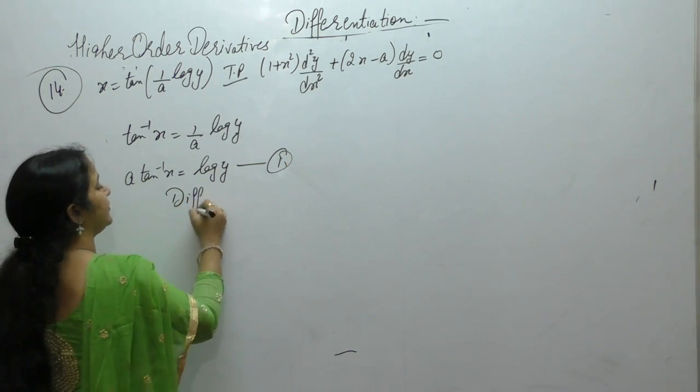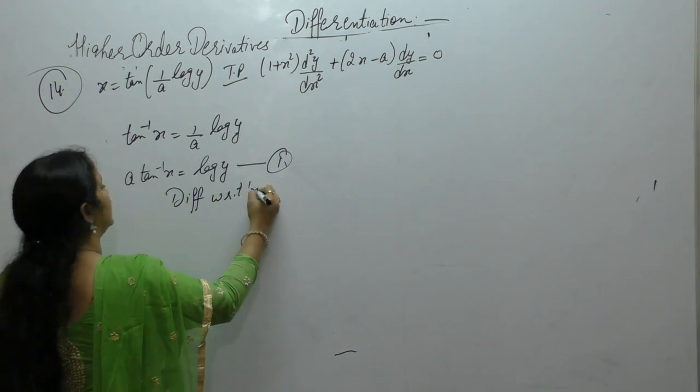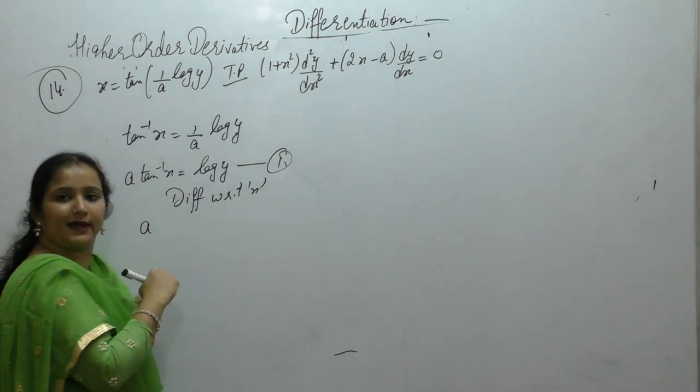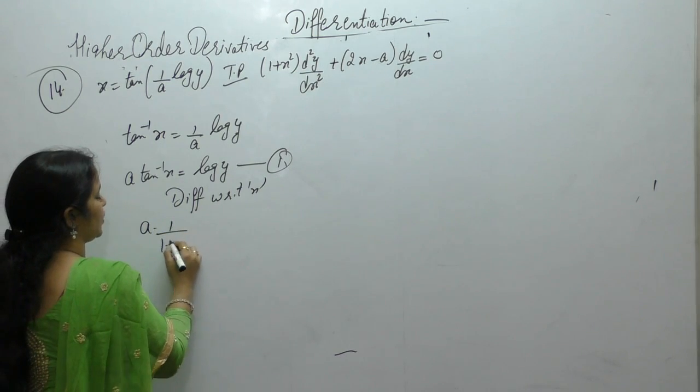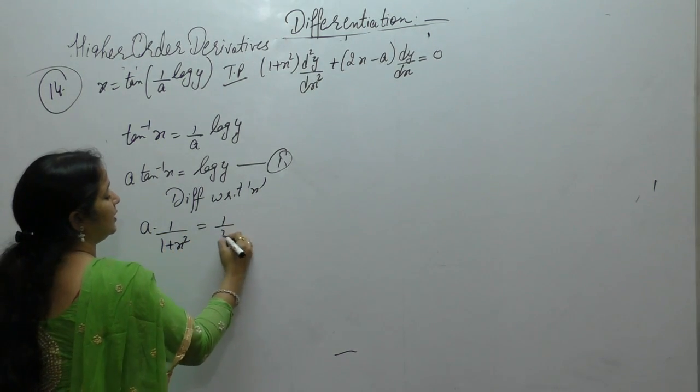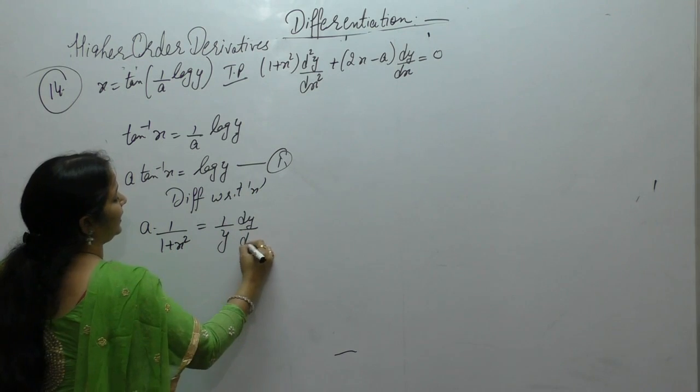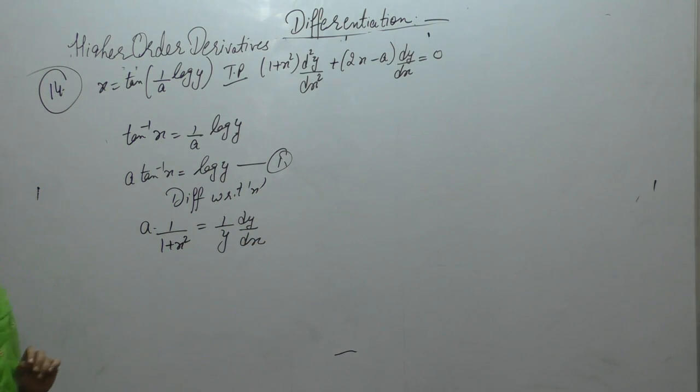Now differentiate with respect to x. Derivative of a is constant, derivative of tan inverse x is 1 upon 1 plus x square. Derivative of log y is 1 upon y dy upon dx.